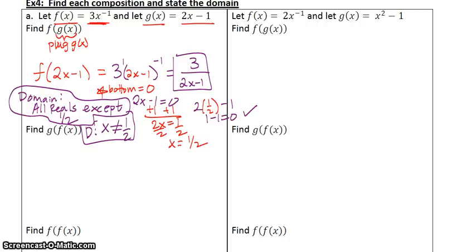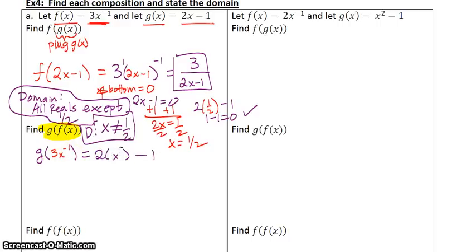Next, I want to do g of f of x. So this time, I am going to take what f is, and my f function is this, and that means that anywhere I see an x in my g, I'm going to plug this 3x to the -1 in. So g looks like 2 times x minus 1.